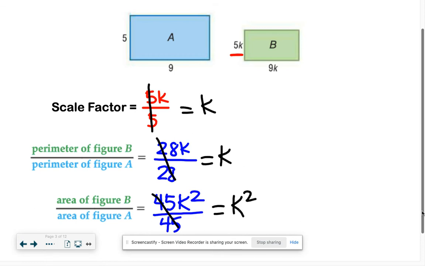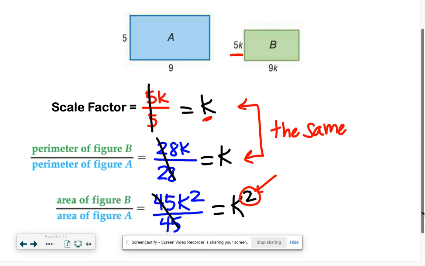So now if we look here, as the smart individuals that we are, our scale factor is the exact same as the ratio of our perimeters. They're the same. That's something I'd probably want to keep in my memory bank. And if I wanted to find the ratio of my areas, we just take your scale factor and we square it.